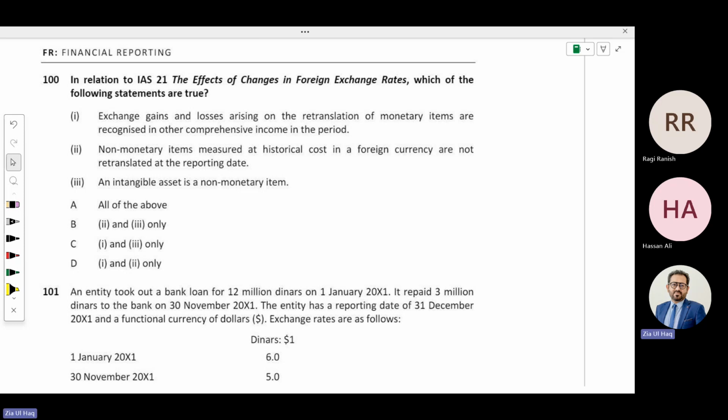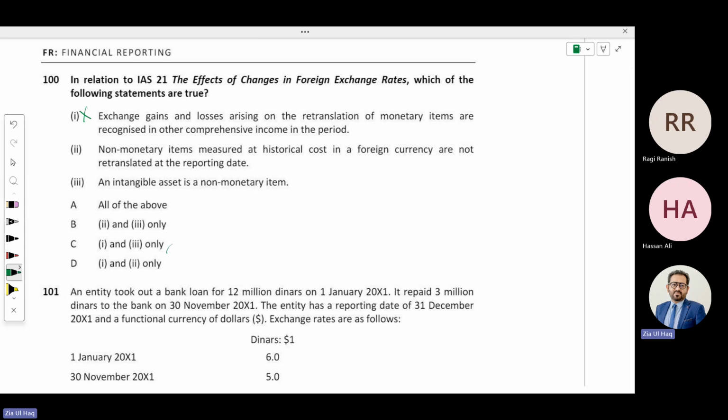In relation to IAS 21, the effect of changes in foreign exchange rates, which of the following statements are true? Exchange gain and loss arising on the retranslation of monetary items are recognized in other comprehensive income. This means one is wrong.